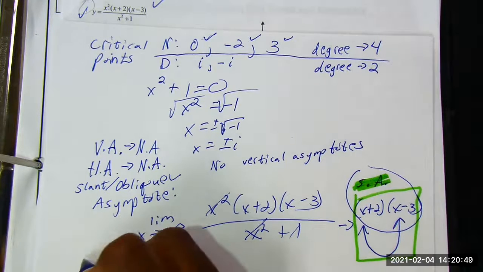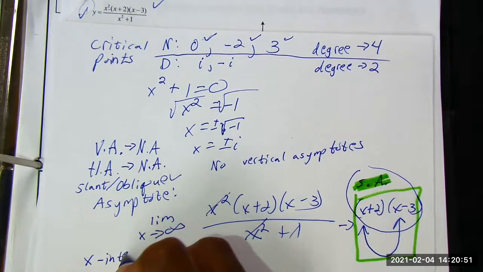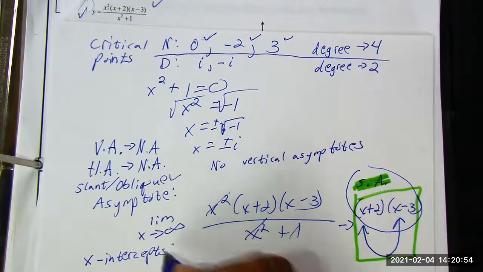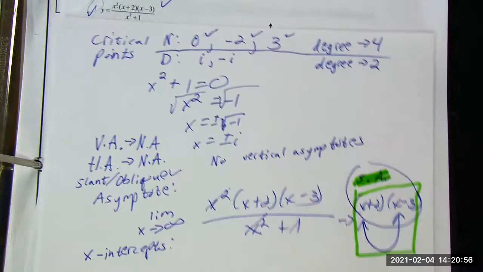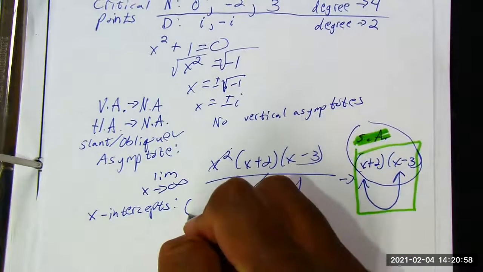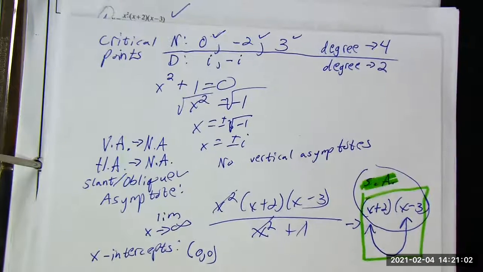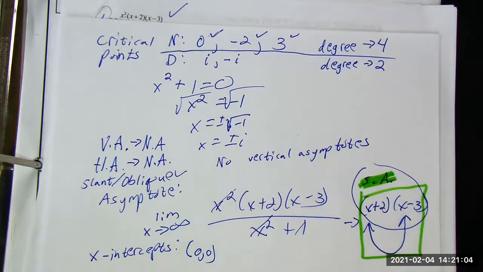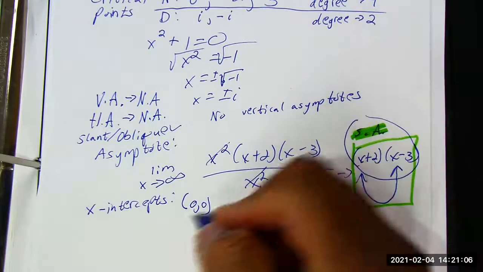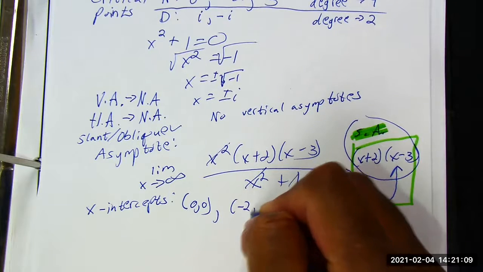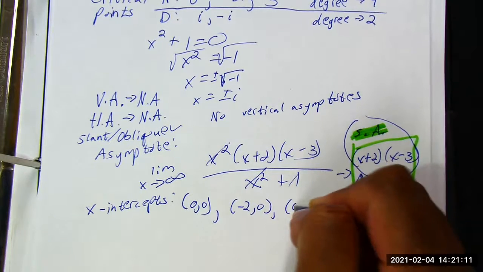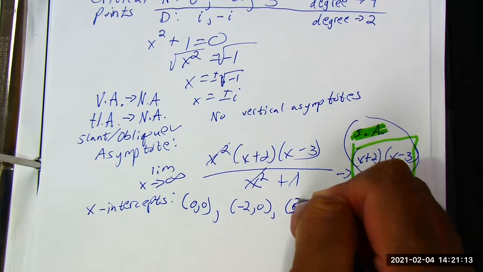I'm going to write my x-intercepts, where it crosses the x-axis. My x-intercepts are 0, 0. And again, I'm simply drawing this from my critical points, from the numerator of the rational function. -2, 0, and +3, 0.